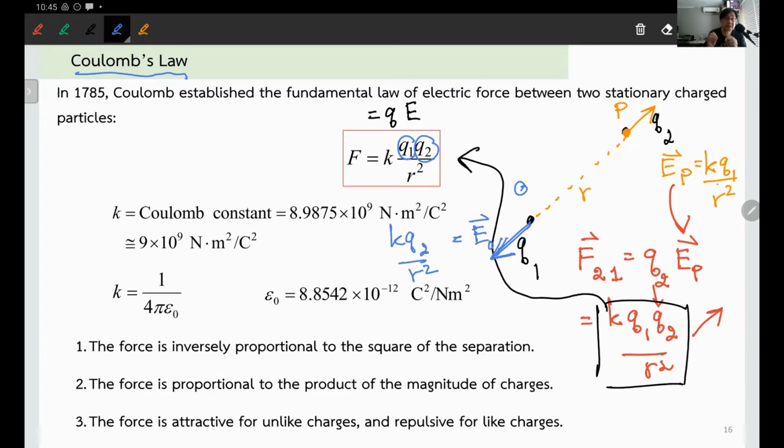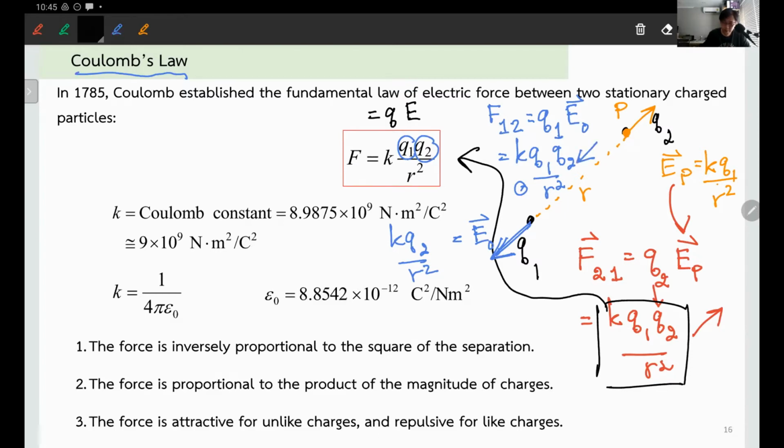And if I place Q1 at point O, the force on charge number 1 due to the field from charge number 2, let me put the subscript 1 2 in here, is going to be charge number 1, because I place the charge Q1 at point O, times the field at point O. And that is going to be K Q1 Q2 over R squared in this direction.